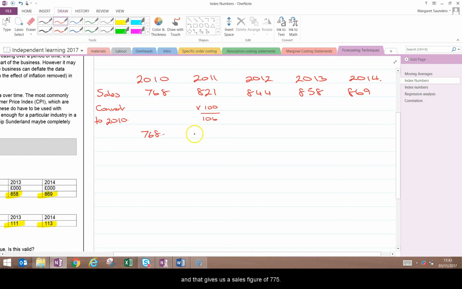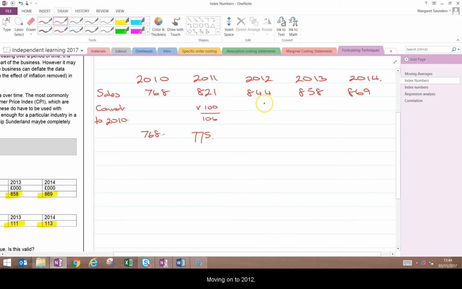And that gives us a sales figure of 775. So what this is telling us is that if we take away the effects of inflation between 2010 and 2011, our sales figure is 775.